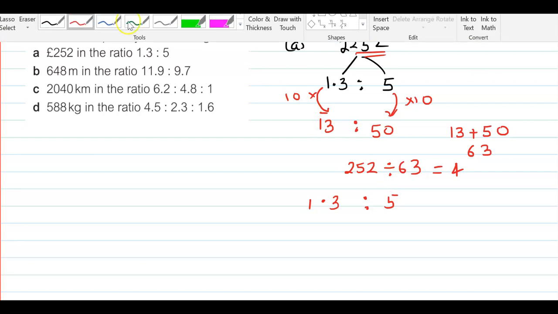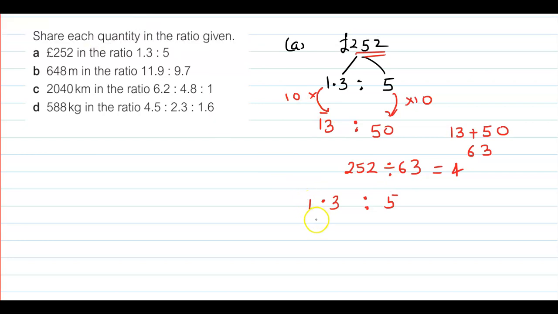Do we times 1.3 and 5 with the 4? Yeah, you can do that. So 1.3 you can times by 4 and 5 you can times by 4, our original ratio. 1.3 times 4 is how much? 5.2.